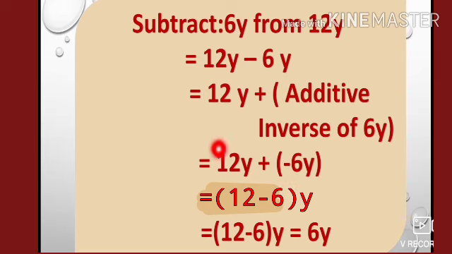So now the problem becomes the addition of two algebraic terms. So now 12y plus minus 6y. To add algebraic terms, we add the coefficients alone. So 12 minus 6, of y, we get. Now 12 minus 6 is 6, which is 6y.